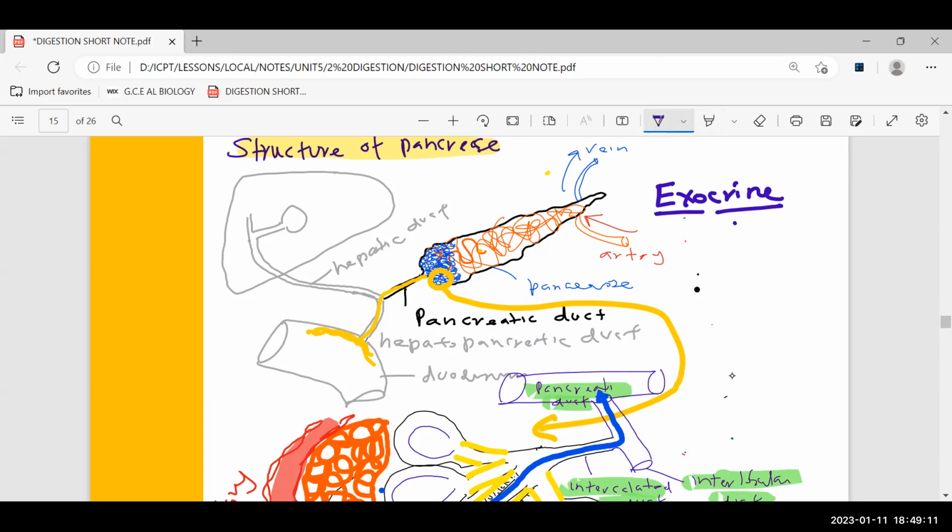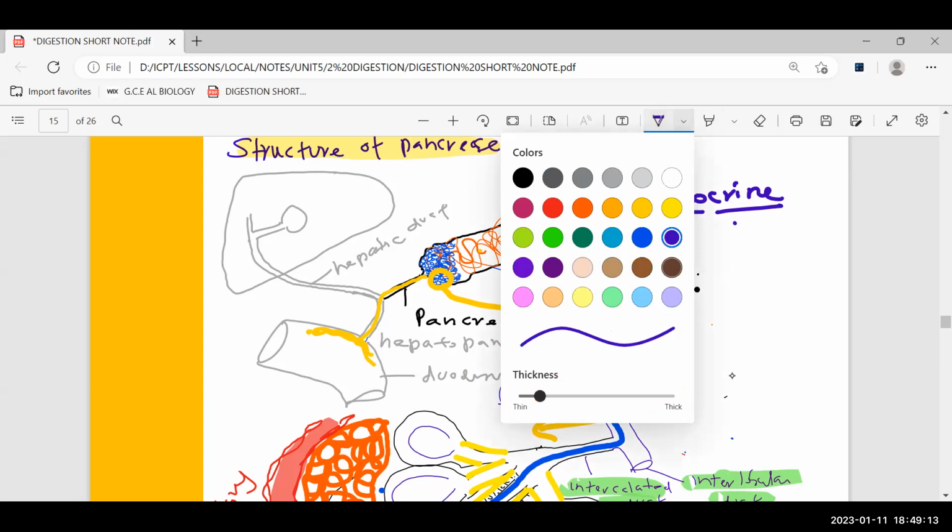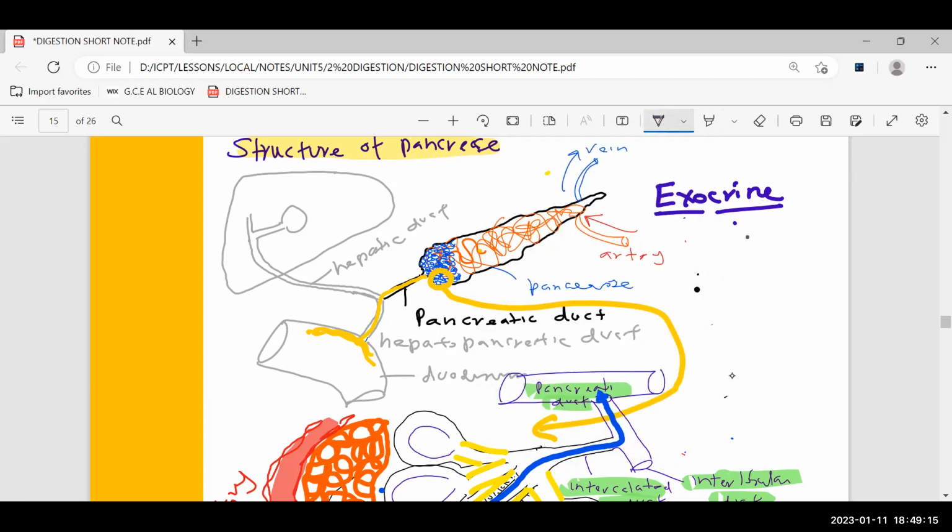So exocrine means chemicals, whether bicarbonate or other chemicals, are secreted to the duct.